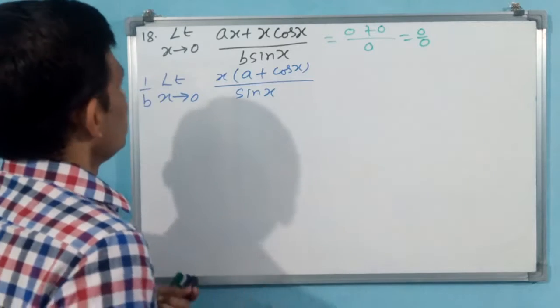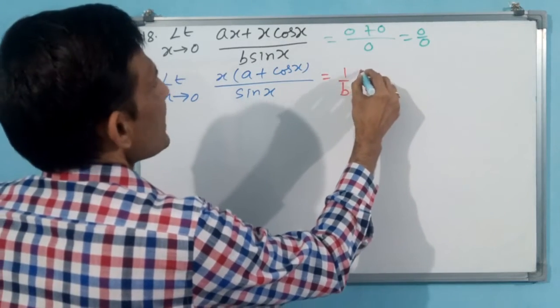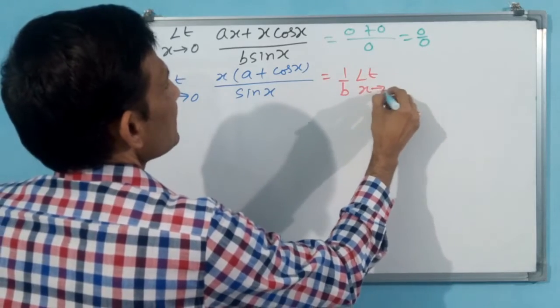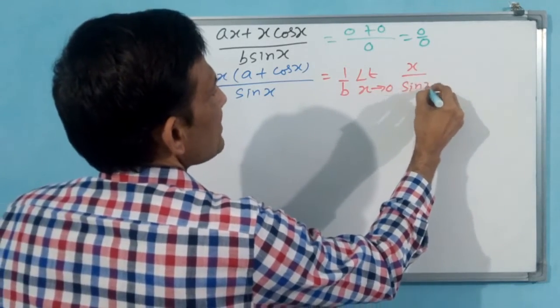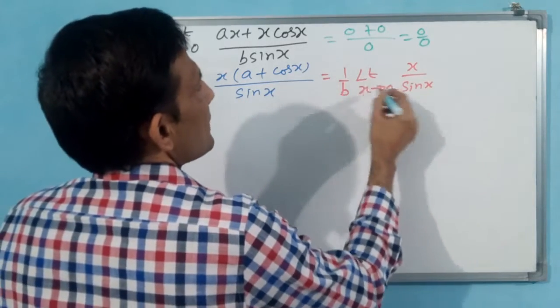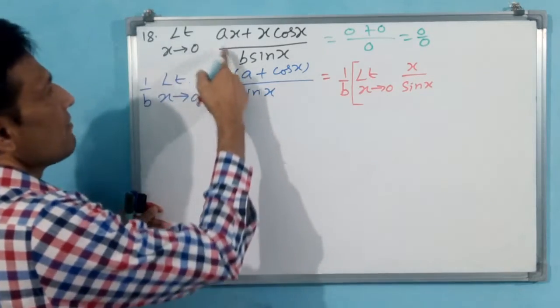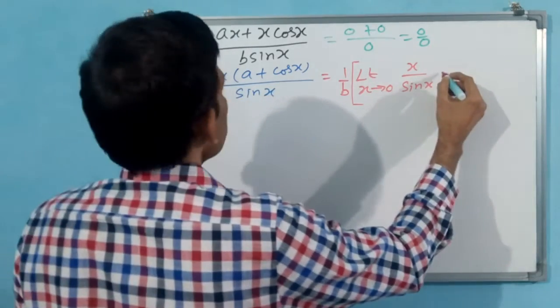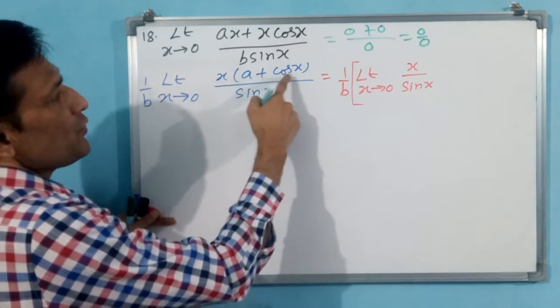That is equal to 1 by b, limit x tends to 0. X by sin x is one thing. 1 by b comes for all of this. That is why I am splitting like this. X by sin x, afterwards into is there.